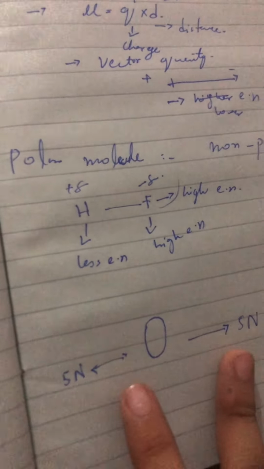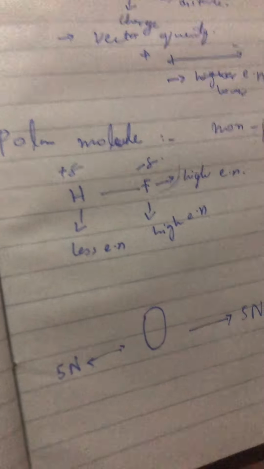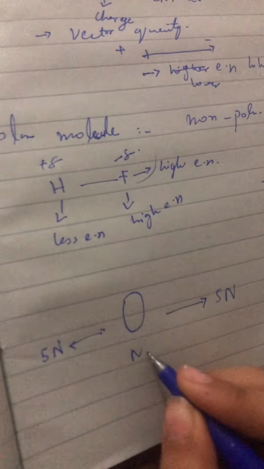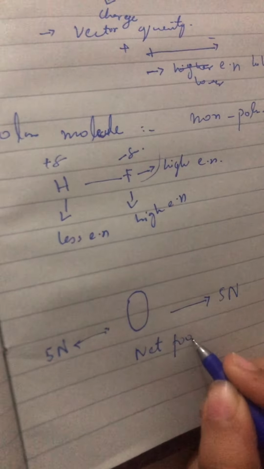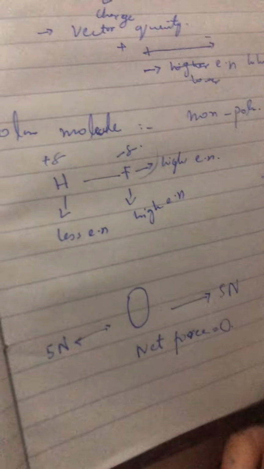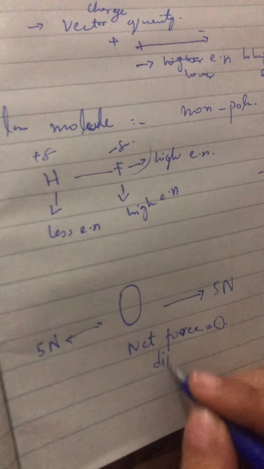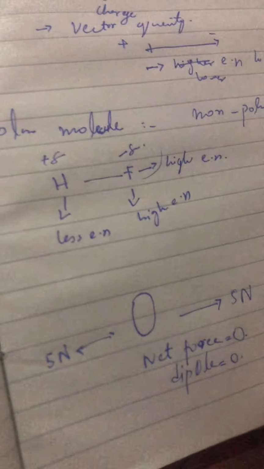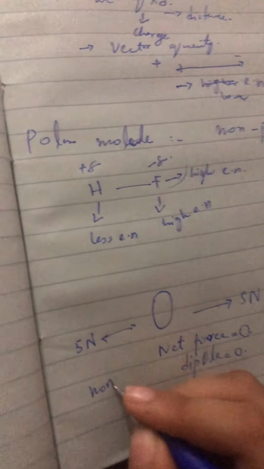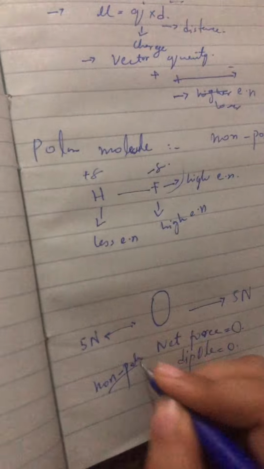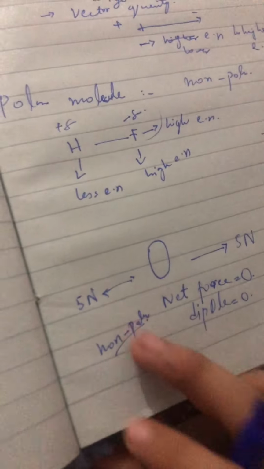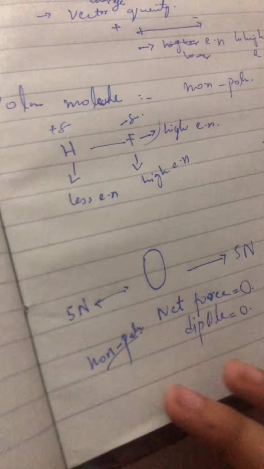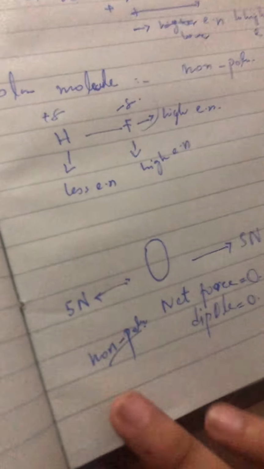So there will be the same forces on both sides, so the net force will be 0, and the net dipole will also be 0. So this will be called a non-polar. We can say a molecule having net force 0 and dipole also 0 will be called a non-polar.